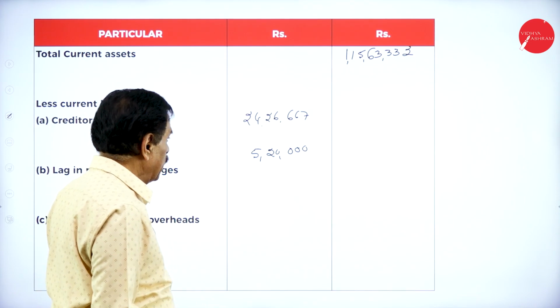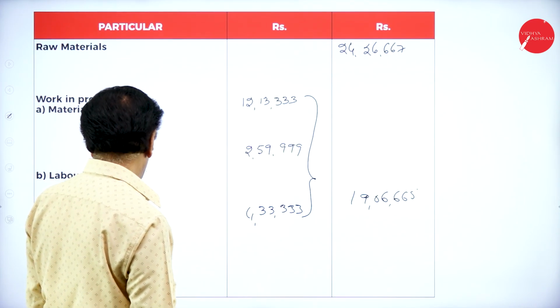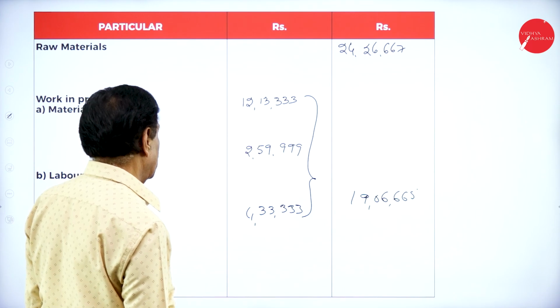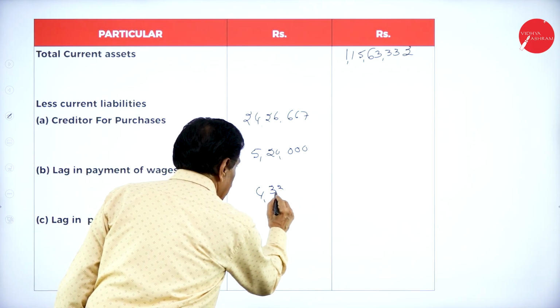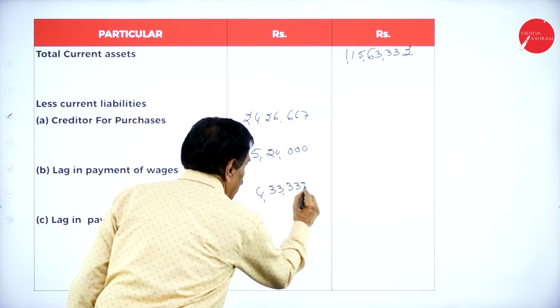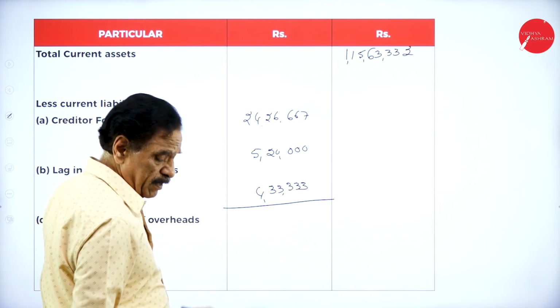Then lag in payment of overhead, 4,33,333. Add the figure.